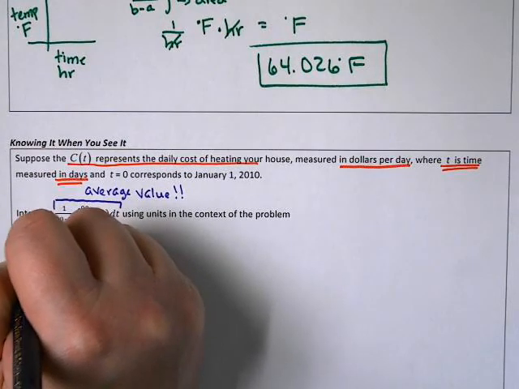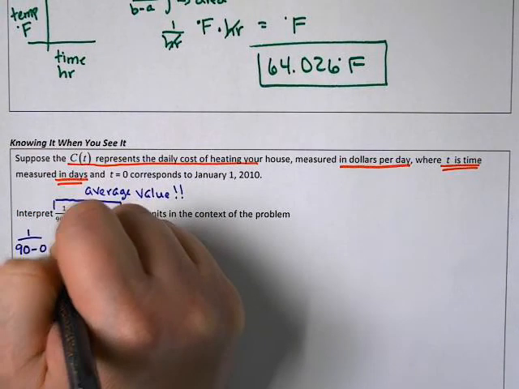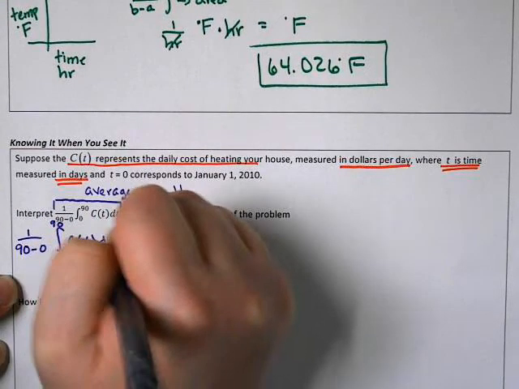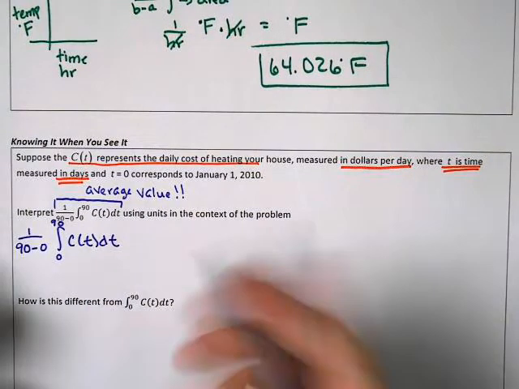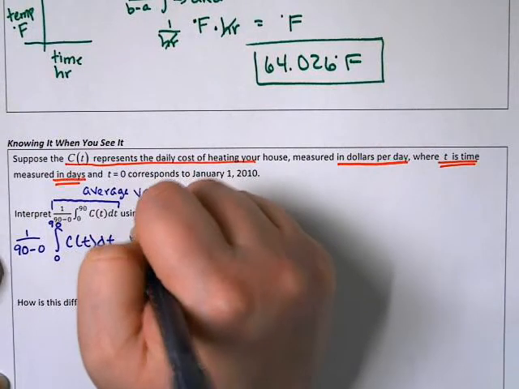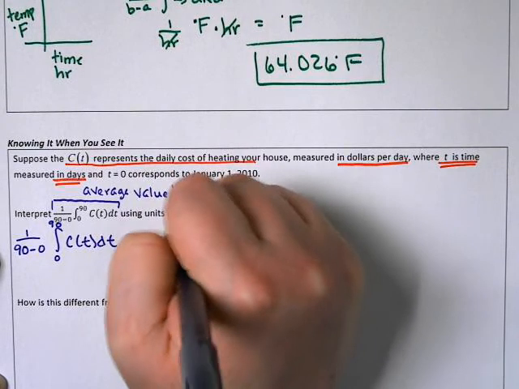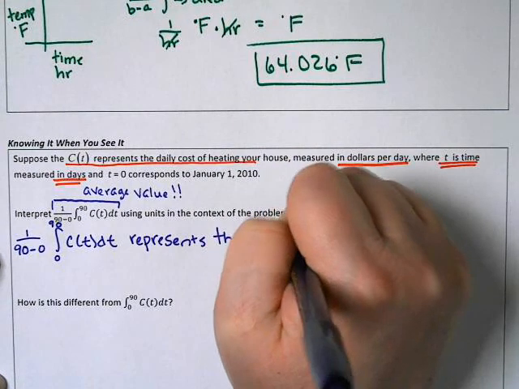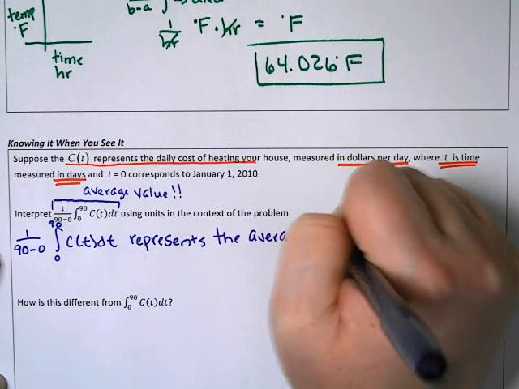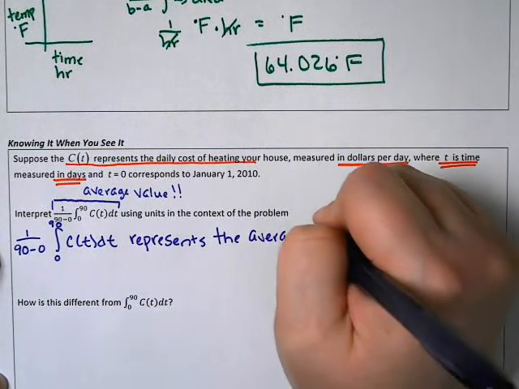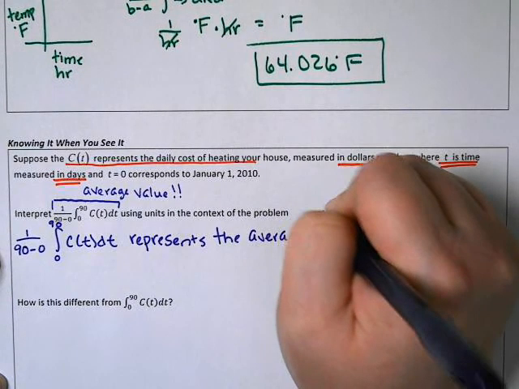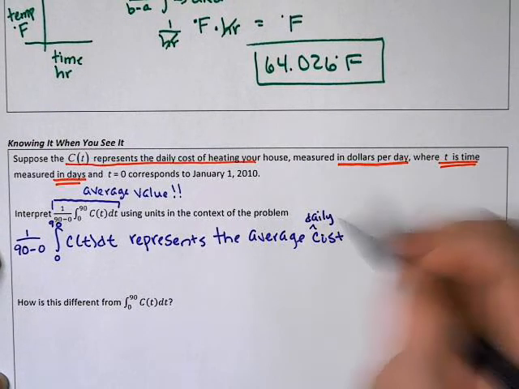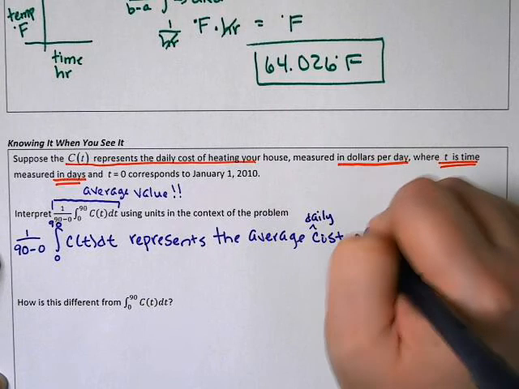So 1 over 90 minus 0 times the integral from 0 to 90 of C of t dt represents the average daily cost, sorry, I forgot the word daily, because that's what it is. This is the daily cost, my bad about that. So the average daily cost of heating your house.